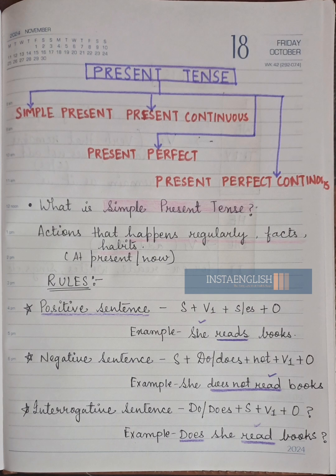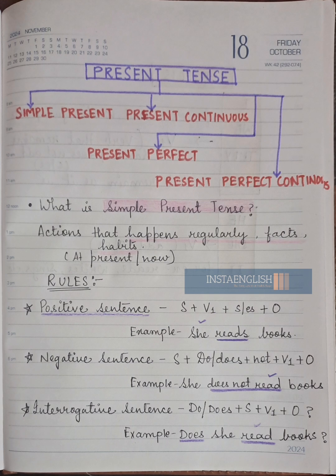So here you maybe have a doubt about what is s or es. Here S means the subject, V1 means the main verb that we use, which in simple present tense has s or es added, plus object. For example, she reads books. So subject here is she, reads is the verb.